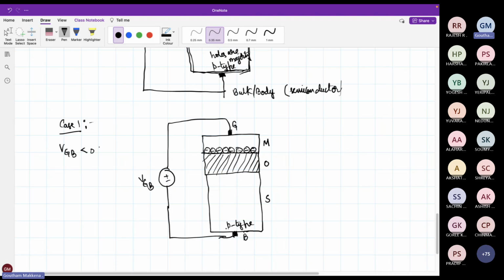So I told you that this is a P-type semiconductor. So what are the majority carriers in this P-type semiconductor? Positive. Okay, so these are called holes, yes or no? So this negative charge, what will it do to these holes?